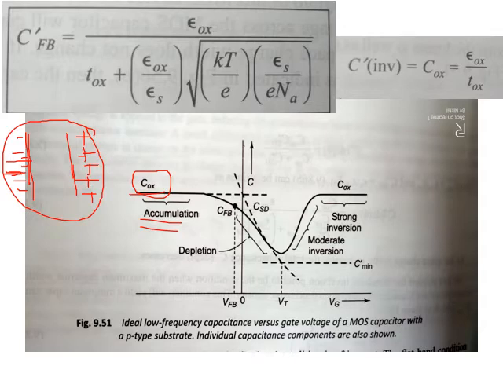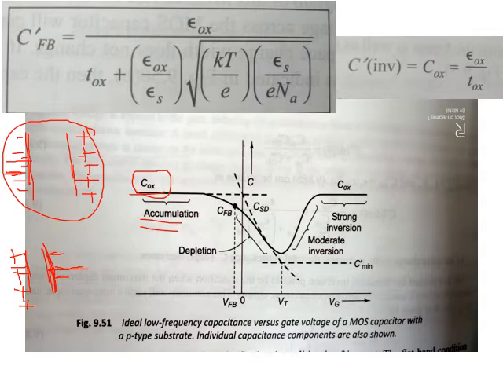And what happens in the other case, when I give positive potential here? More negative charges cannot be accumulated on the other side of the plate. Why can they not come?